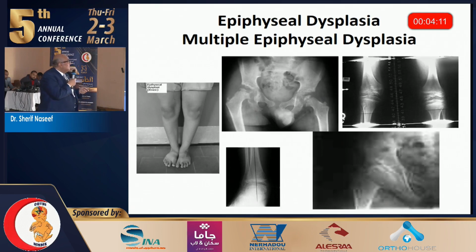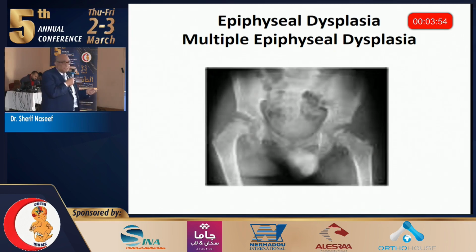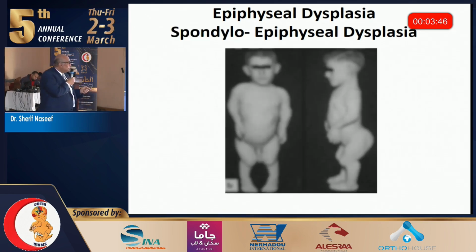Second is epiphyseal dysplasia, which is affection of the epiphysis, and the epiphysis is in charge of joint formation. So you will see that the epiphysis is fragmented, and the differential diagnosis of such a case will be Perthes disease if it is in the hip region. And in any case of bilateral Perthes, you should exclude epiphyseal dysplasia.